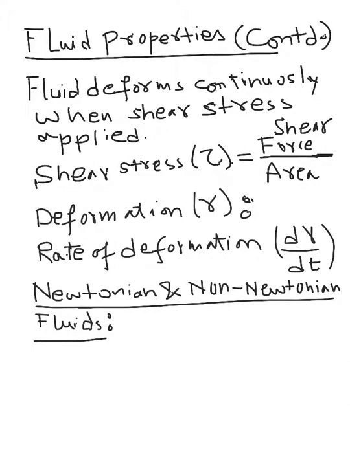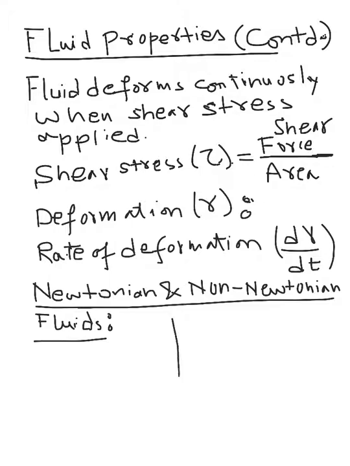Now we are ready to distinguish between two important classes of fluids. One is called the Newtonian fluid and the other one is known as the non-Newtonian fluid, and we perform that distinction between these two on the basis of the nature of the deformation curve, which can be plotted between the shear stress and the rate of deformation.